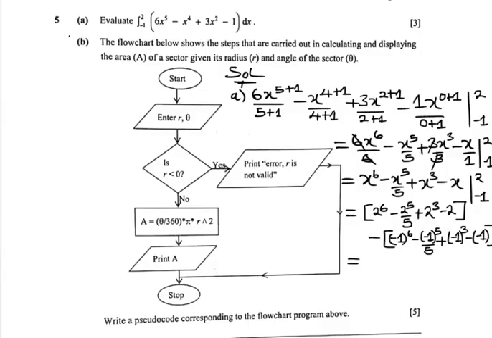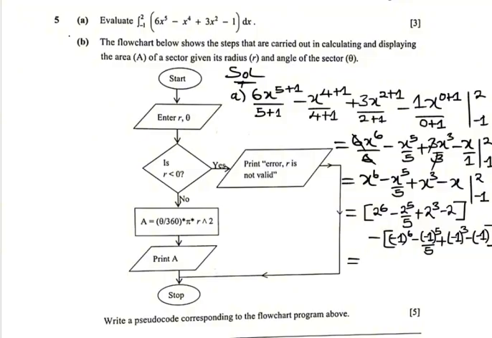The first substitution of 2: if you use your calculator, 2^6 minus 2^5 divided by 5, plus 2^3, minus 2, gives 318 over 5.